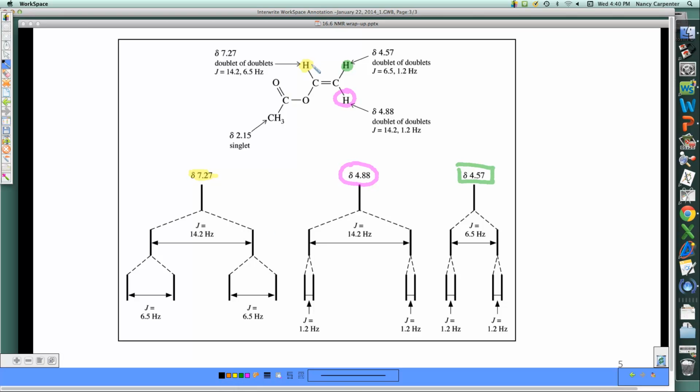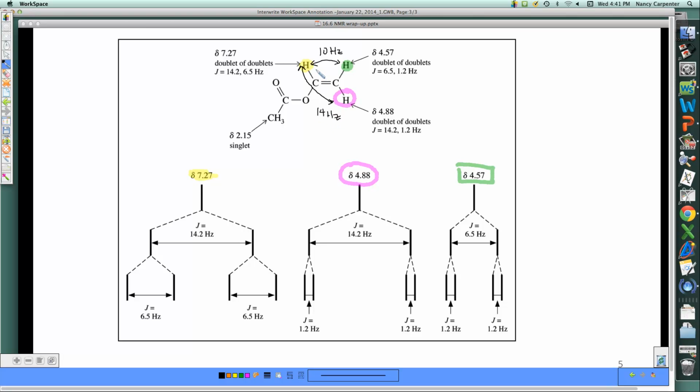Yellow hydrogen is coupled to green hydrogen with a J value, a coupling constant, of about 10 Hertz. But yellow hydrogen is also coupled to pink hydrogen. After all, they're both neighbors. The coupling constant between yellow and pink is actually quite large. It's usually anywhere between 15 and 17. According to this, it looks like it's about 14 Hertz.